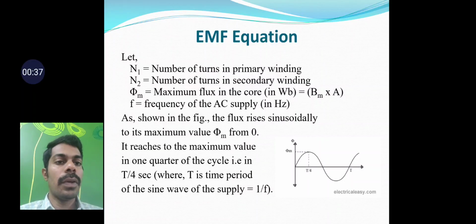As shown in the figure, the flux rises sinusoidally from 0 to its maximum value phi m. It reaches the maximum value in 1/4 of the cycle, that is T by 4 seconds, where T is the time period of the sine wave of the supply frequency, which is equal to 1 by f.